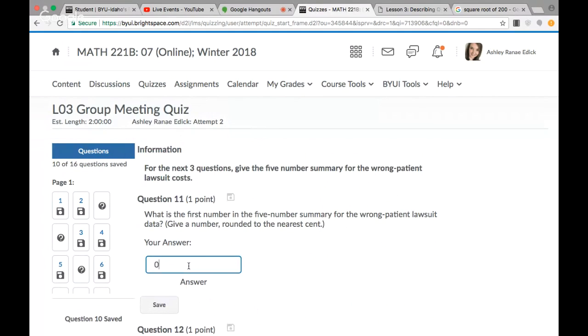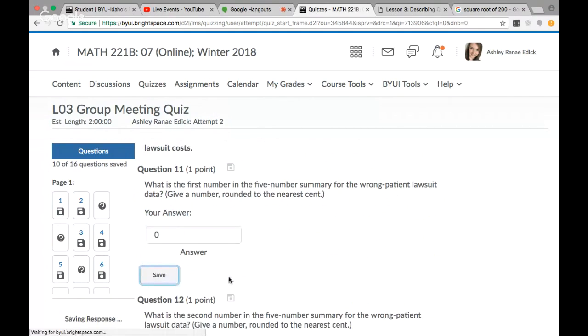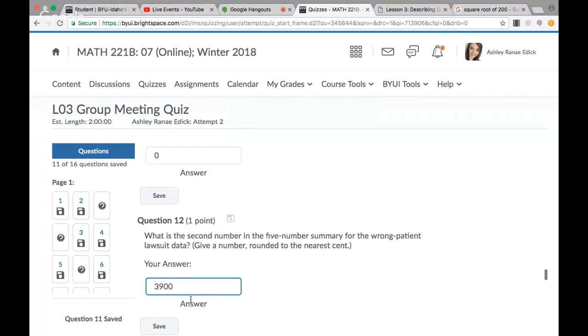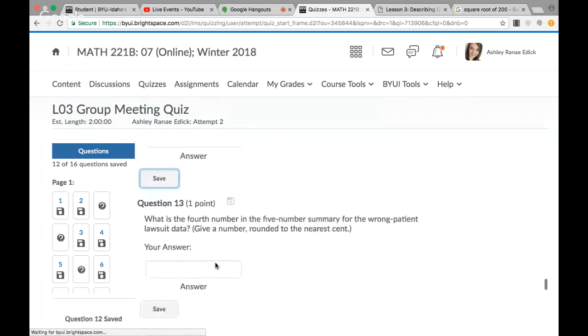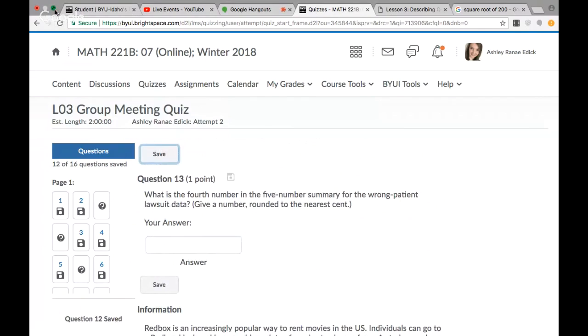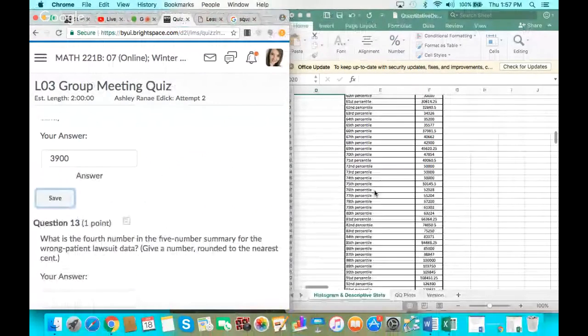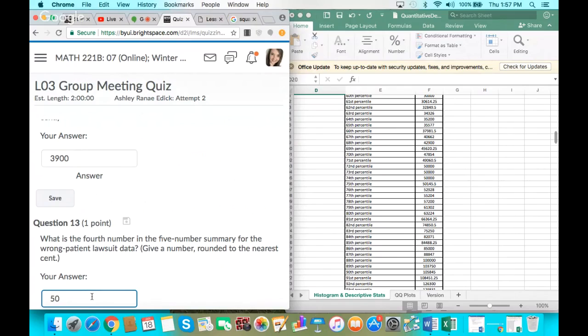First number would be 0. The second number was 3,900. Fourth number. Okay, let me go back. The fourth number would be the 75th percentile. So 50,145. Does it say to give a decimal place? It says round to the nearest cent.